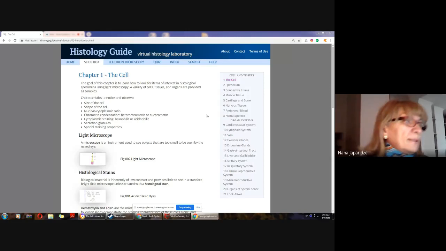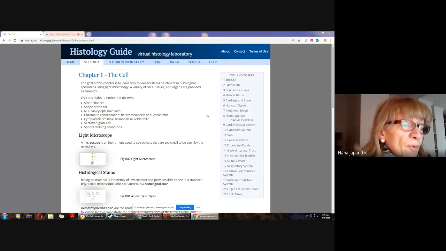We can also identify granules in the cell, secretory granules, using which we can make a decision about the type of cells. And some cells have special staining properties to see them clearly, to identify specific features. This special type of staining is very important.